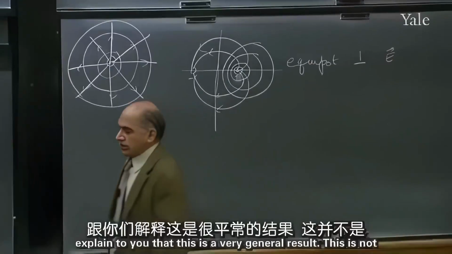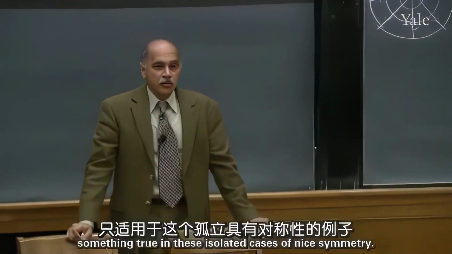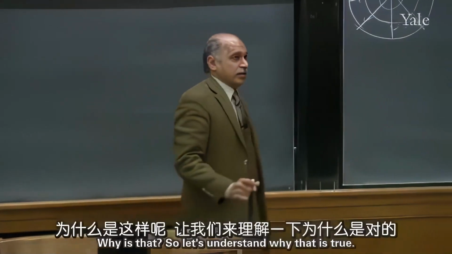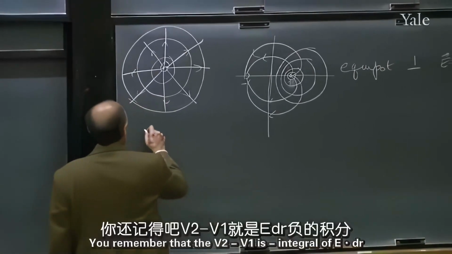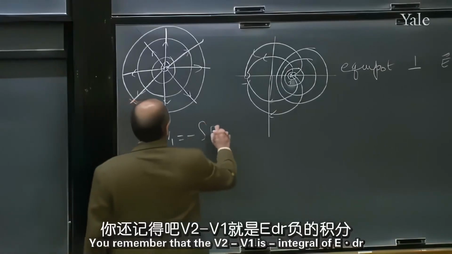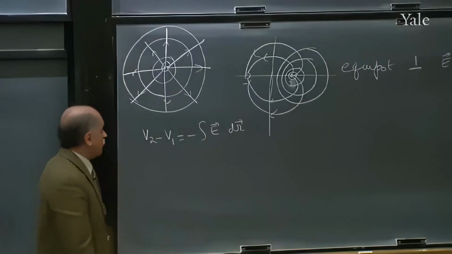So I want to explain to you that this is a very general result. This is not something true in these isolated cases of nice symmetry. Why is that? So let's understand why that is true. You remember that V2 minus V1 is minus integral of E dot dr from 1 to 2.